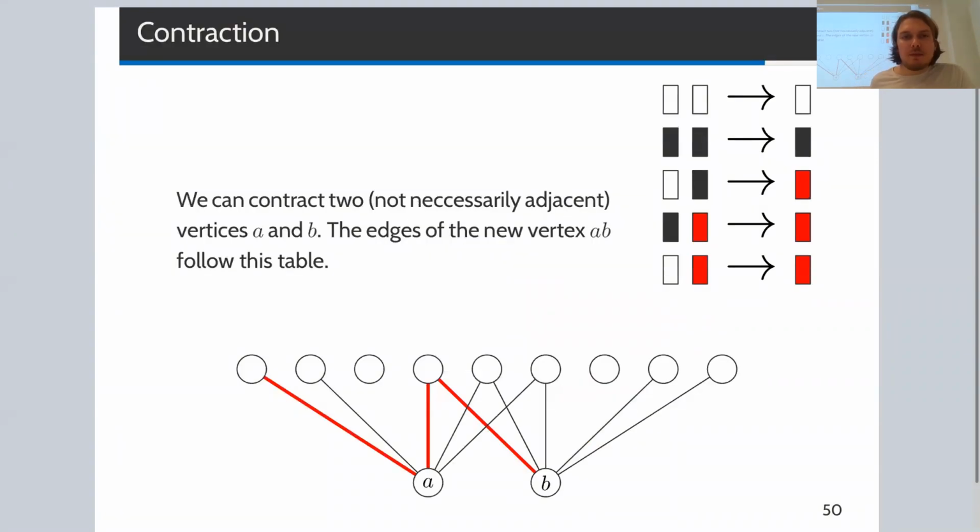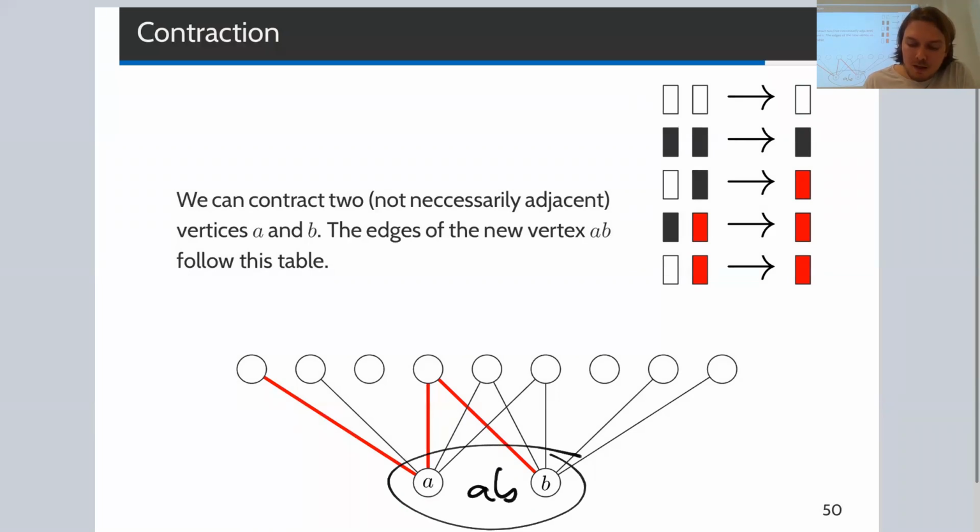And yeah, we have these trigraphs, and in twin width, we need so-called contractions between 2 vertices. So if we have a vertex A and a vertex B, they don't need to be adjacent, but they can be, then we can contract them into a new vertex AB, and the new vertex AB will be adjacent in a certain way to the neighbors of A and B, and the way the adjacency is worked out is defined here in the upper table.